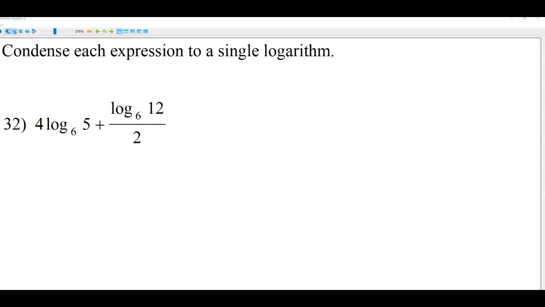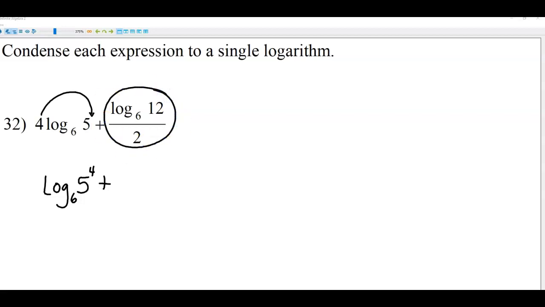All right, once again, we're going to start with property C. Property C tells me that I can take this 4 and make it a power on the 5 there. Now this one is a weird version of property C, but it's still a property C, but I gave you guys a long way and a short way in class.